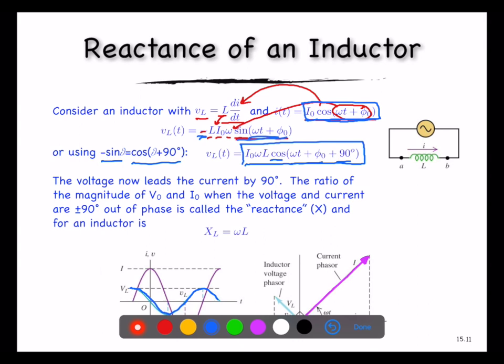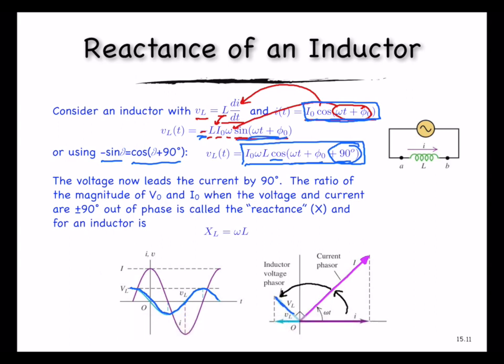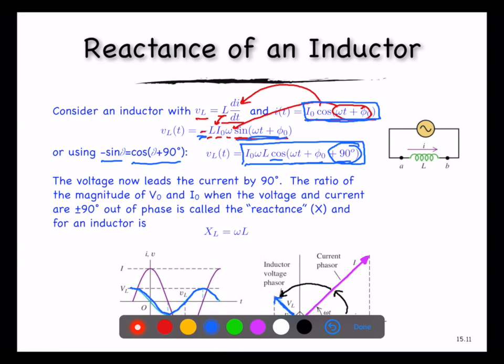But because of that 90-degree phase shift, the voltage is 90 degrees ahead of the phasor for current. So because phasors are rotating counterclockwise, that's the direction we measure angles in polar coordinates, I have to go an additional 90 degrees to be able to draw my voltage phasor. And so it's a phasor that's pointing up and to the left that makes a 90-degree angle with respect to the current phasor.